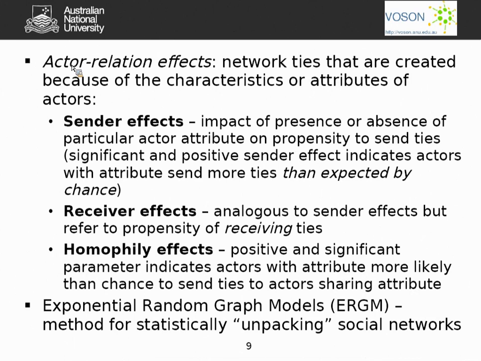Receiver effects are the analog to that: the presence or absence of the attribute increases the probability that that actor is going to receive a tie or a nomination from elsewhere in the social network. And then finally, we've got homophily effects, where two actors share an attribute, and that is associated with a greater chance that there is actually a tie between them.